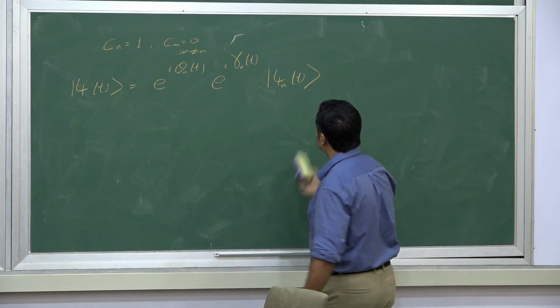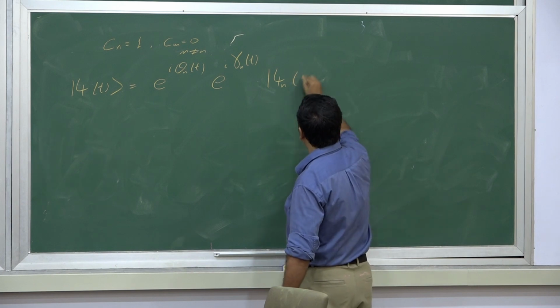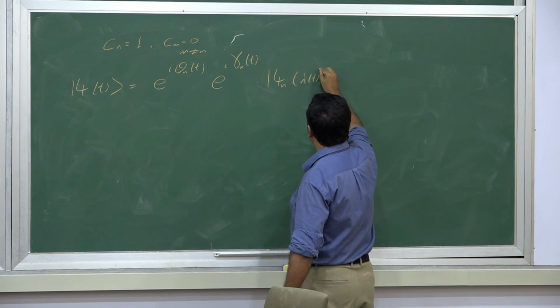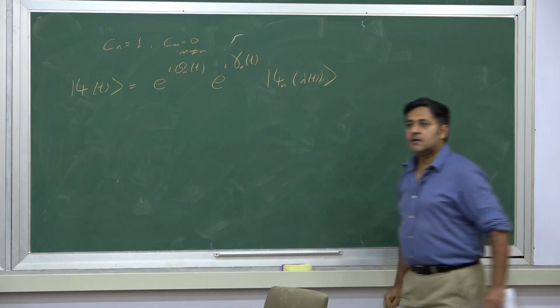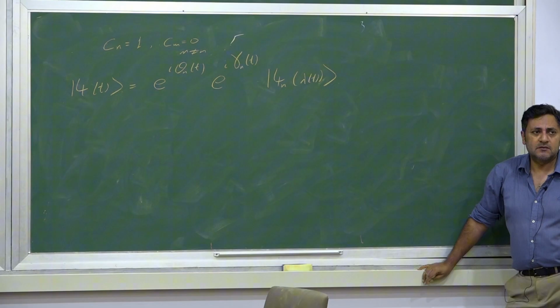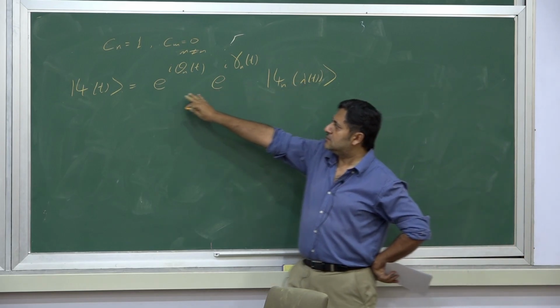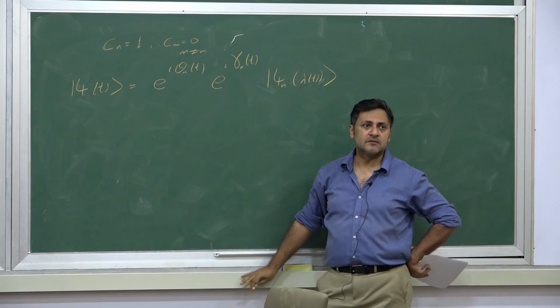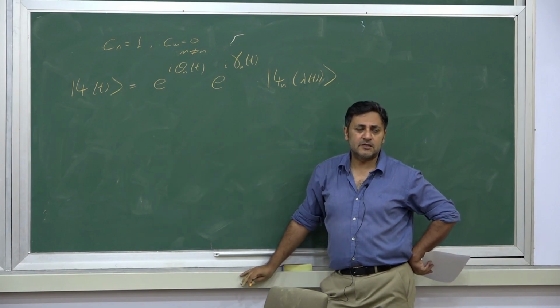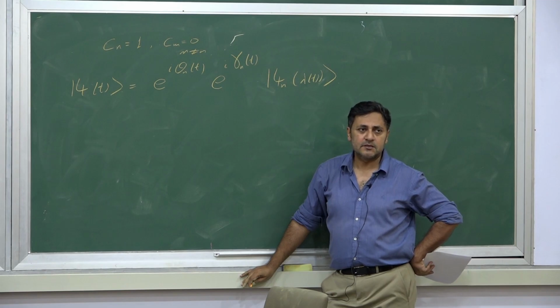I should probably write it with a lambda. So what adiabatic evolution has done, it has kept you in the nth eigenstate, but you pick up these phases, which can be turned into something important by the kind of experiment I just talked about.